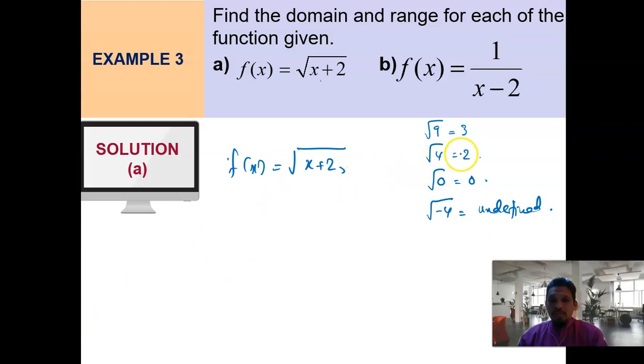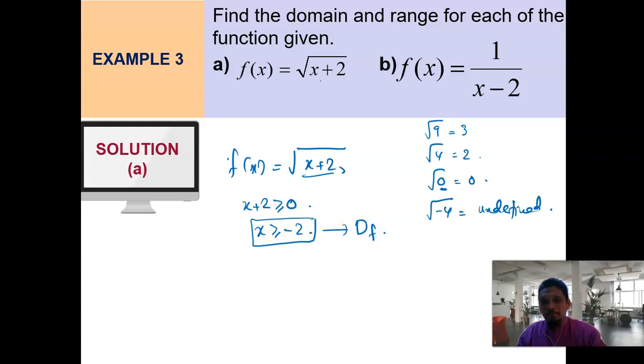So now, with this simple explanation, the value inside the square root sign must be positive or at least equal to 0. Using this explanation, x plus 2 is greater than or equal to 0, then x is greater than or equal to negative 2. So class, automatically this is the domain of this function.